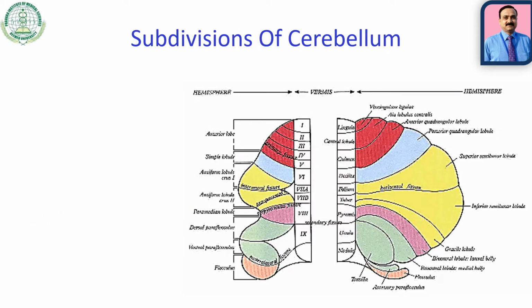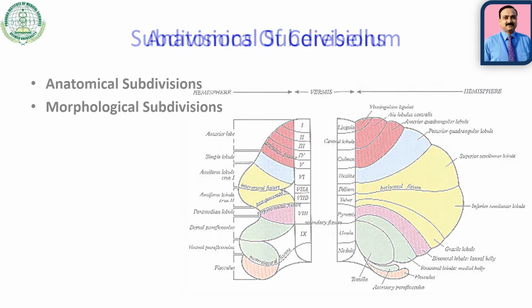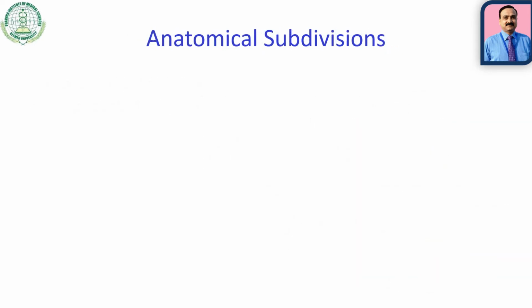Now coming to the subdivisions of the cerebellum: anatomical subdivisions and morphological subdivisions. First we will see the anatomical subdivisions.